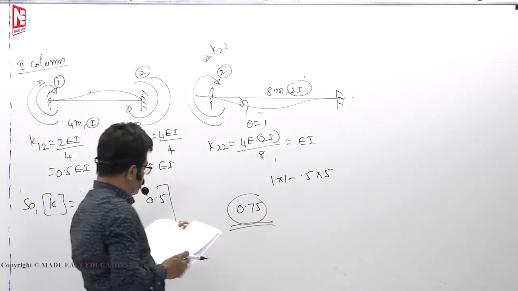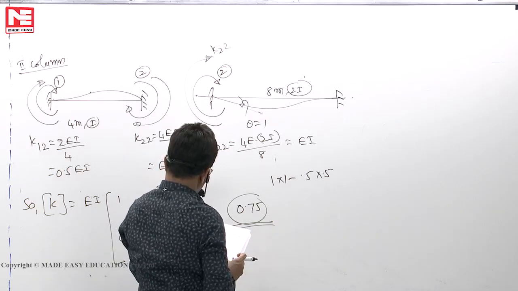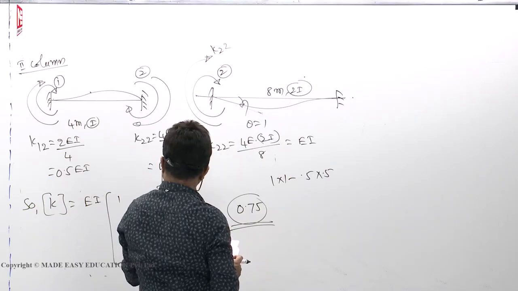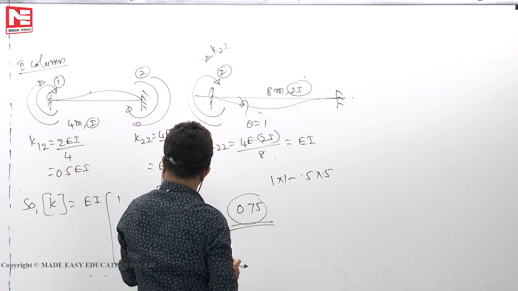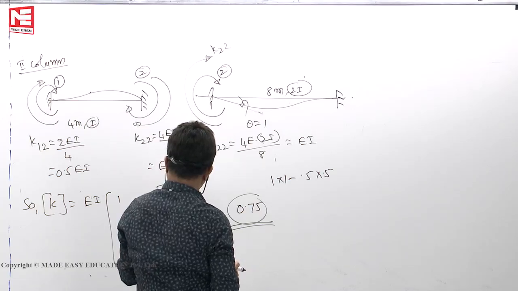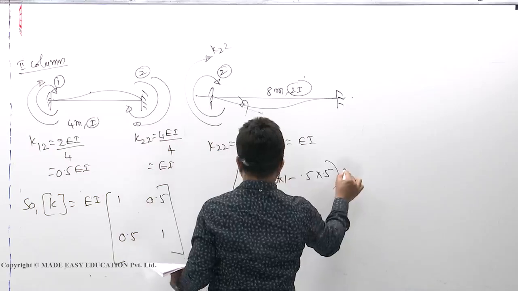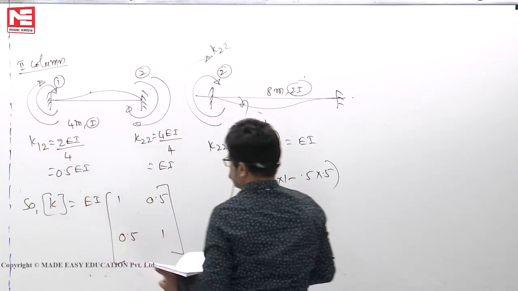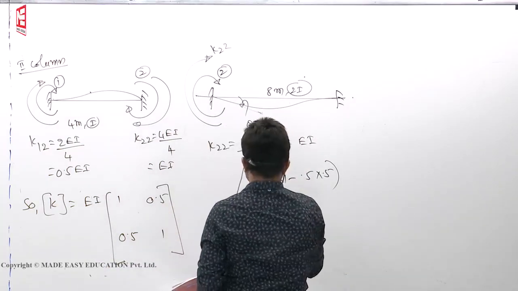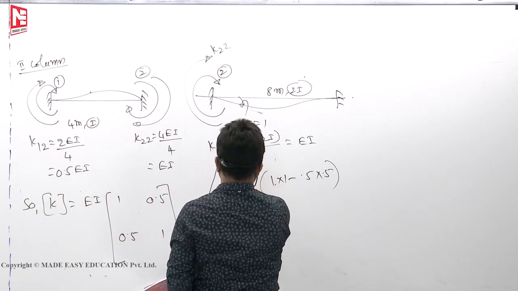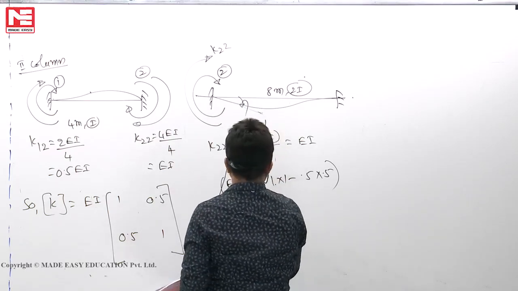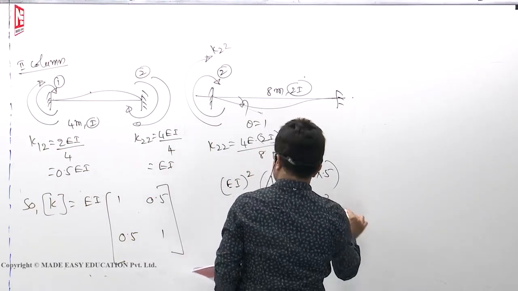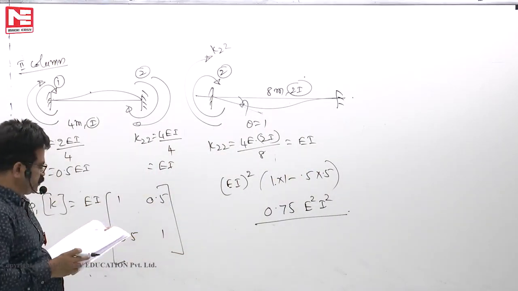Determinant of stiffness matrix for the beam shown below with respect to coordinate 2 is EI whole square into 0.75 E square I square. So 0.75 is the answer.